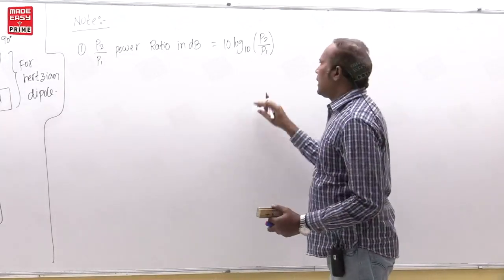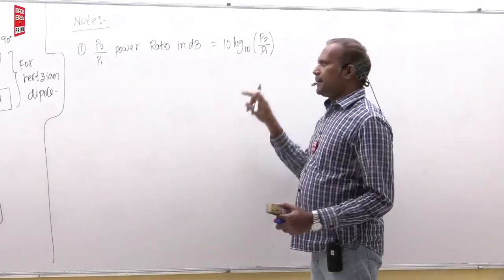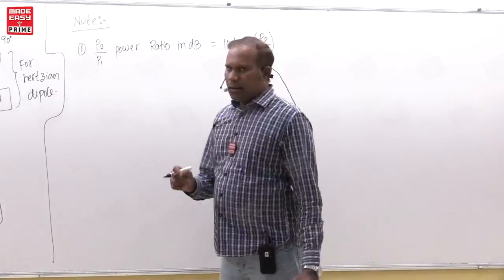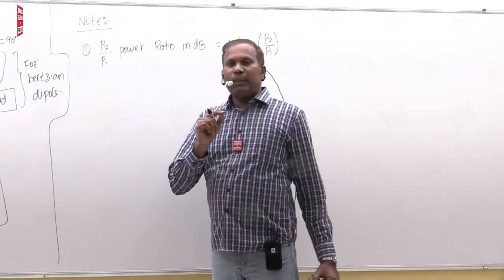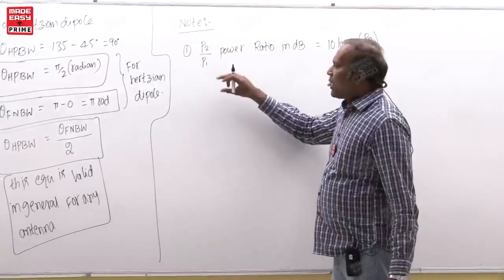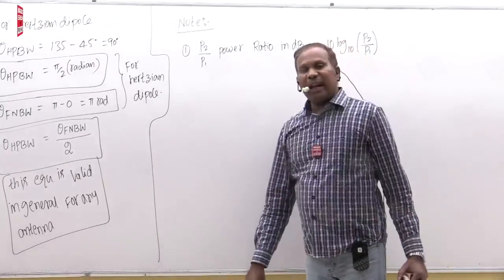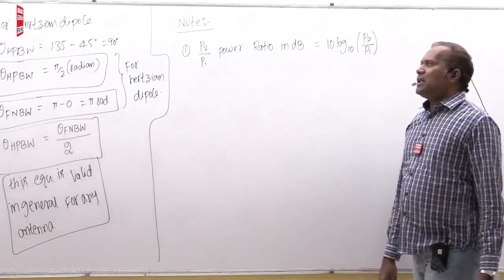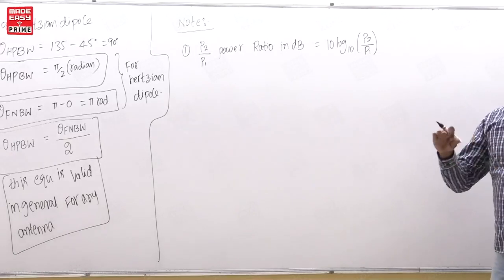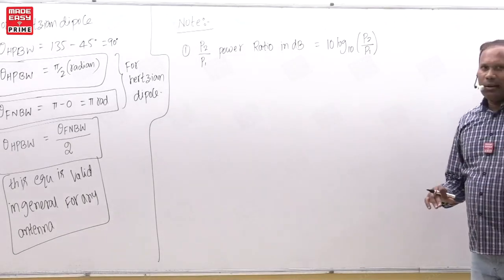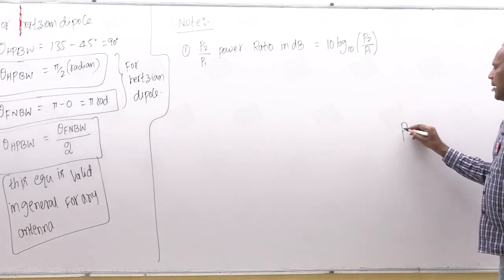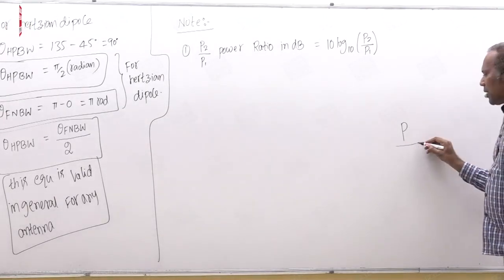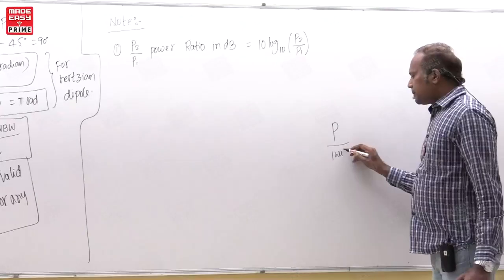But if you want to take logarithm, there should not be any units here. Sometimes you have to represent only power in terms of decibels, but the power ratio is not there. Then power has units. Then what to do? If you want to take power in decibels, you have to remove the units. There are different ways. If that power is in watts, then divide that power by 1 watt.